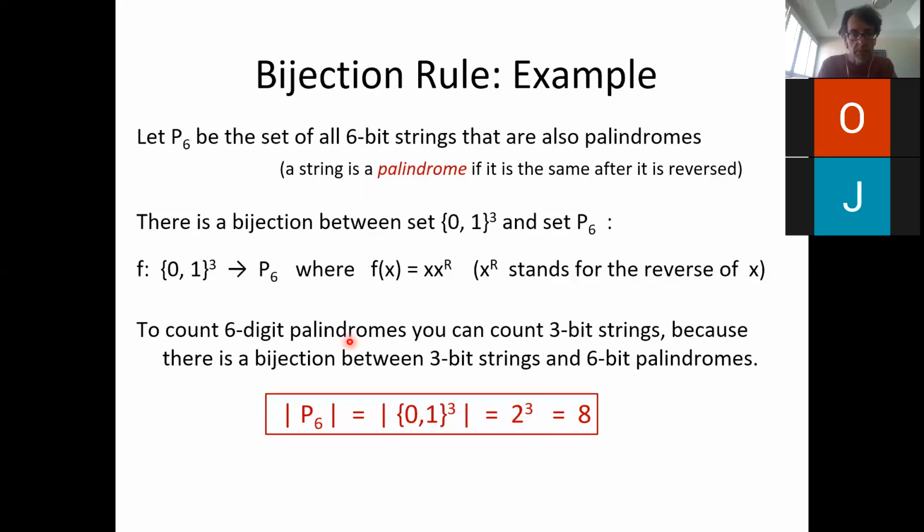Professor, what if the string is of length 5? Yeah, that's a great example for an exercise. What would this bijection be? I mean, how much freedom do you have, and where does the freedom end?